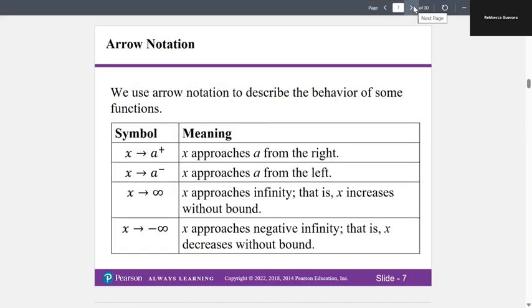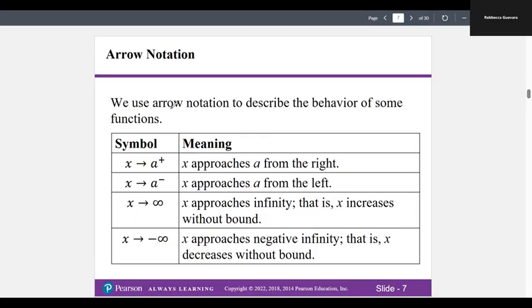A little bit of notation. This notation is going to help us get into something called limits later on if you progress into calculus. So we use arrows to describe behavior of some functions. So if I have x and this arrow a plus, what that means, so let's say you have something that looks like this.